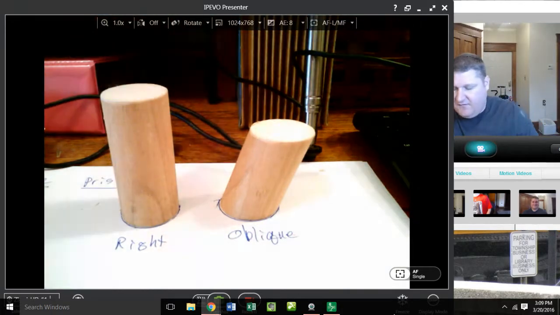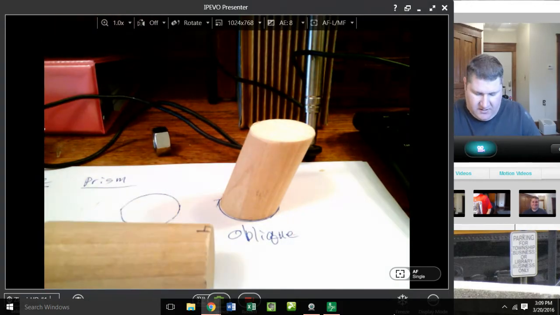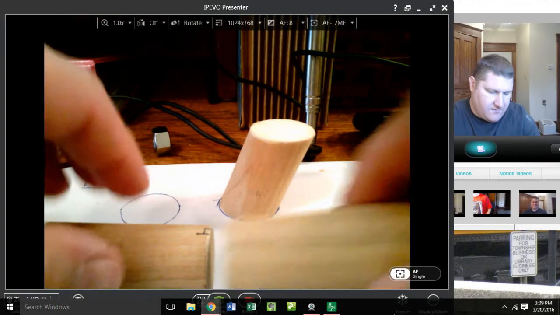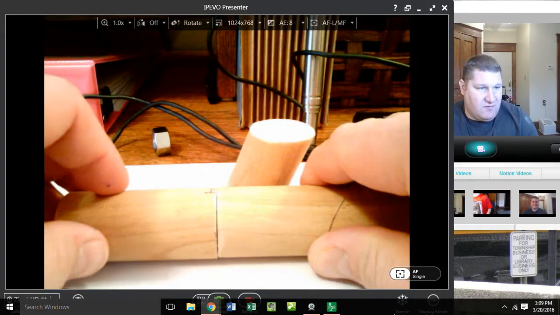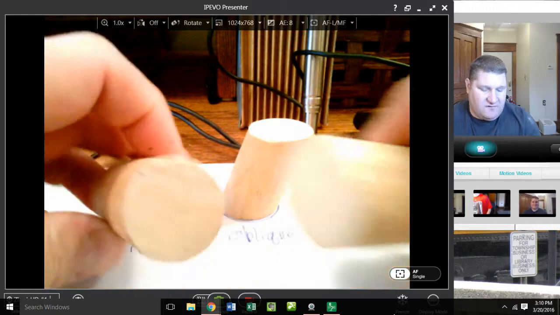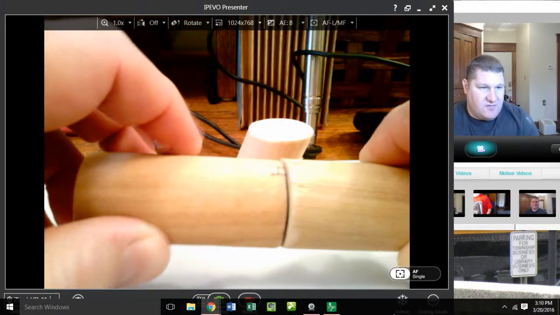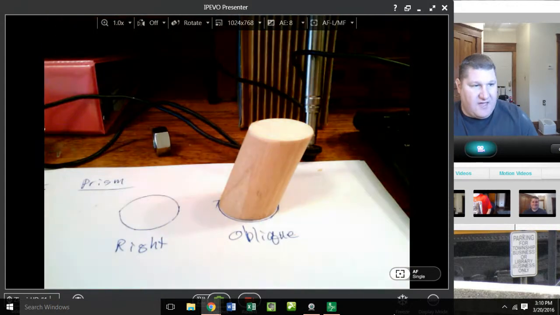Now, obviously, I had a dowel rod, and that dowel rod I took and I put it out on my saw and I chopped it. So I chopped it right there, cut it in pieces, and I made cross sections. And so this cross section and this cross section, because they match, they're both circles. And in fact, if you take a look, this is a circle.